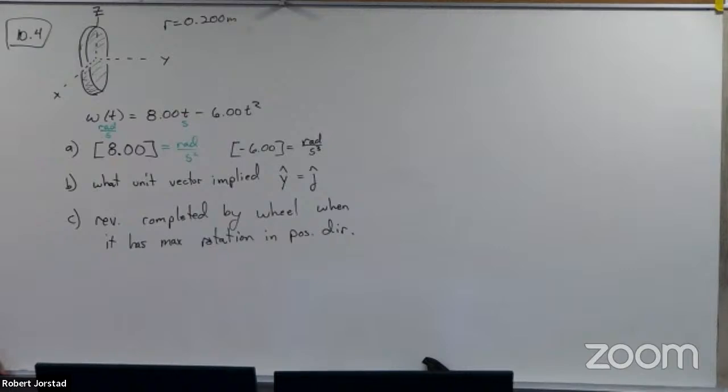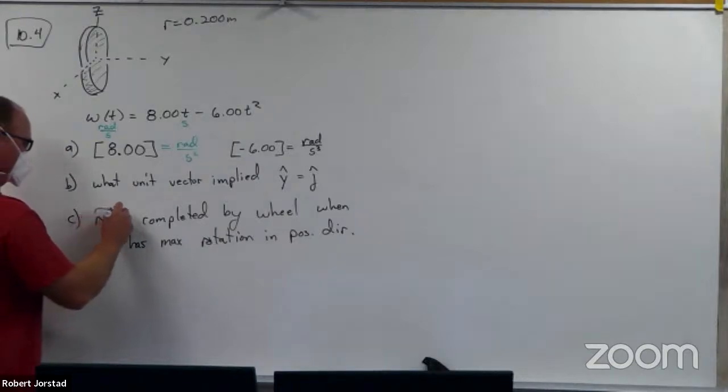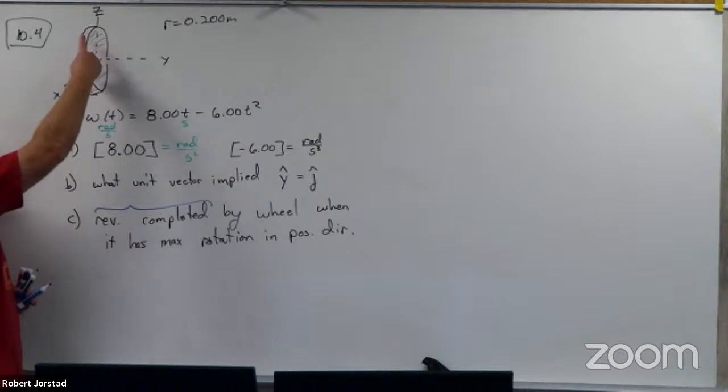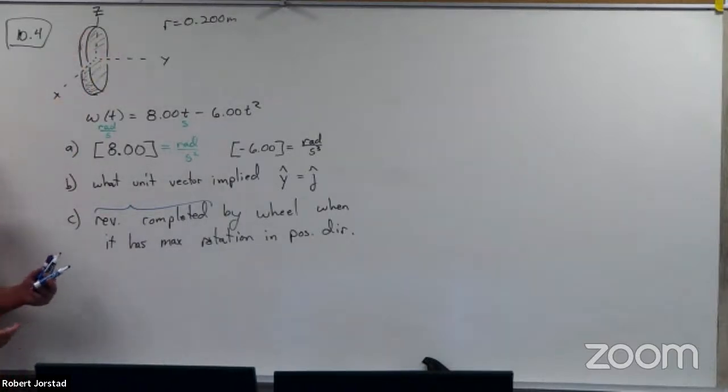Let's break it down one piece at a time. Revolutions completed. What does that mean? What are revolutions completed? What symbol might that mean? Not the period. Not the frequency. Revolutions. What is a revolution of something? A circle, yeah. So what's a name for going around in a circle?